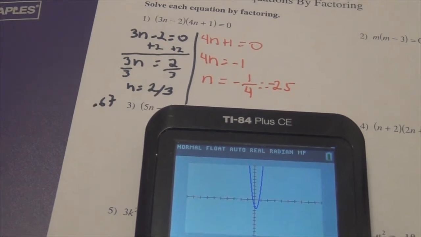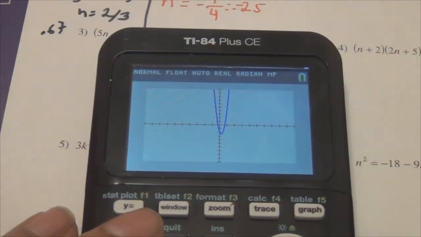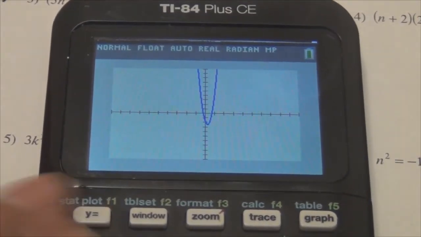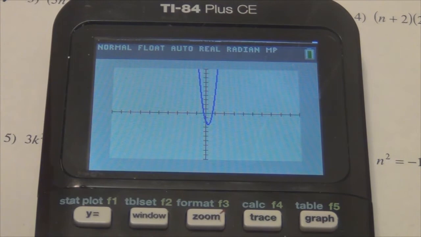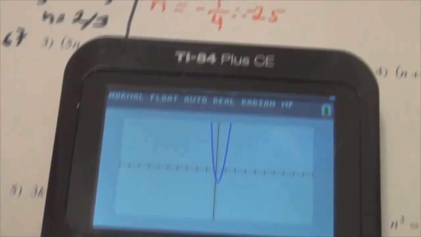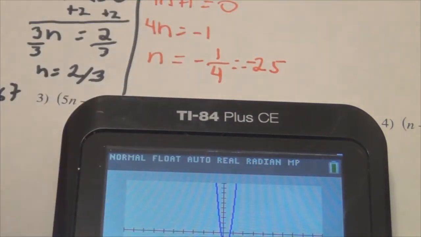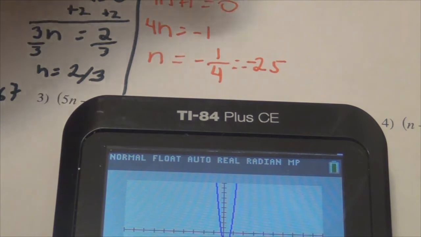Okay, so let us look at the graph again. And this time I'm going to concentrate on the graph, so I'm going to zoom in. So let's trace. These points right here, the 2/3 and the negative 0.25, are called the zeros.